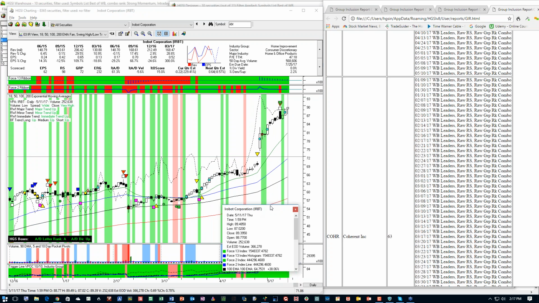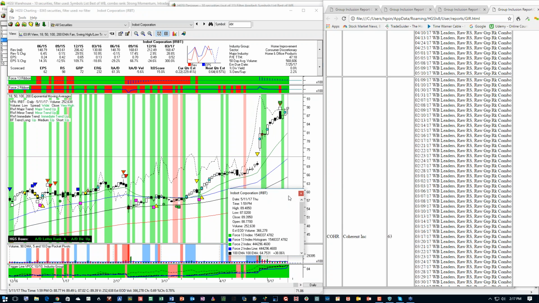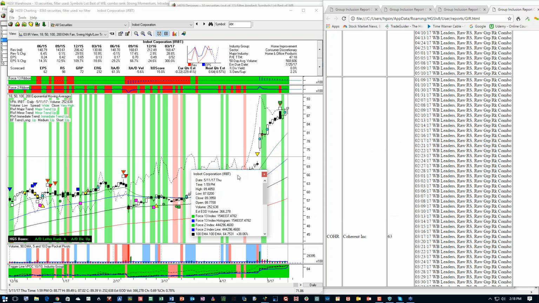Well, no, this is a great iRobot. This is a great looking stock. Just because it doesn't appear here, it doesn't mean that it's not a great stock. There's nothing wrong with this stock. It just doesn't appear in these lists. That's all there is to it.